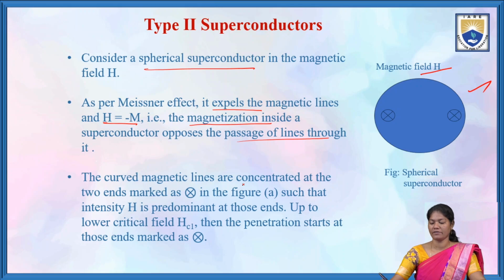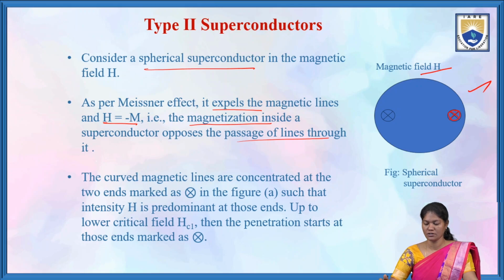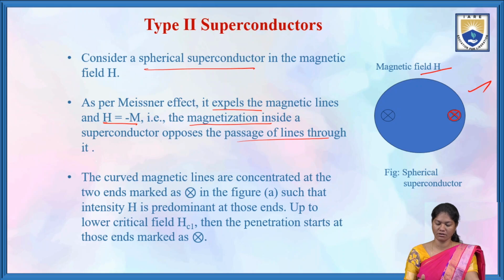So here we have a mark at both ends of the spherical superconductor. The curved magnetic lines are concentrated at the two ends marked as cross, such that the intensity H is predominant at those ends.